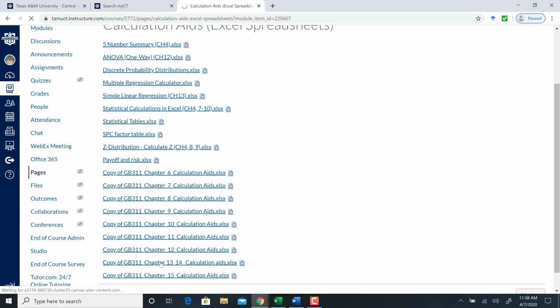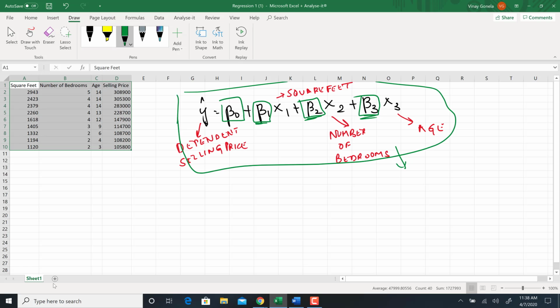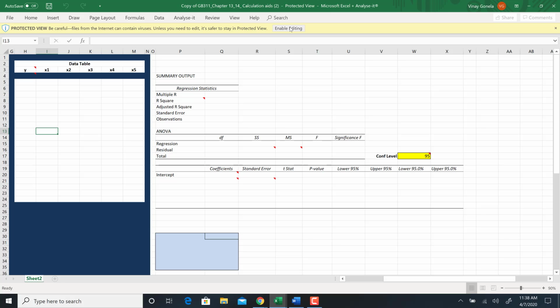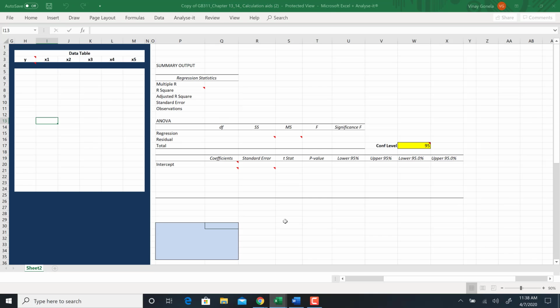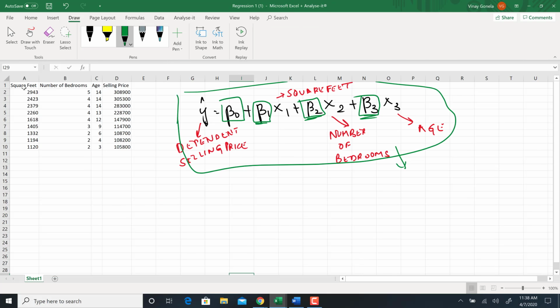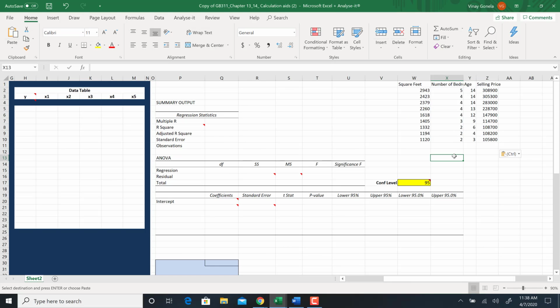So you'll use the same sheet for both chapters. I will copy this data set to our calculation aid. I will do control C, and then copy it here with control V. Okay, so I have my data.